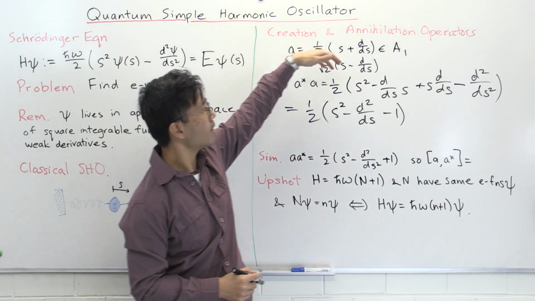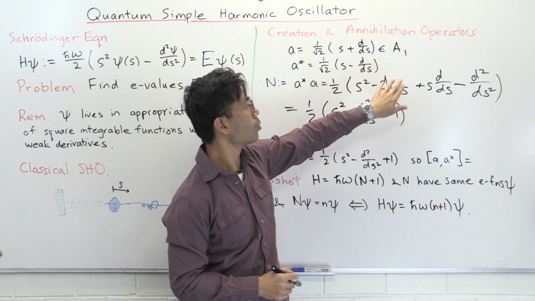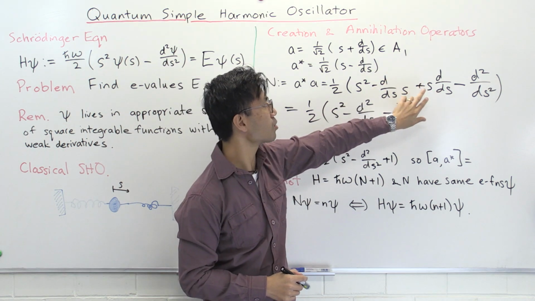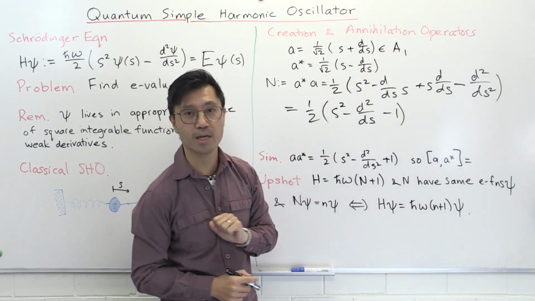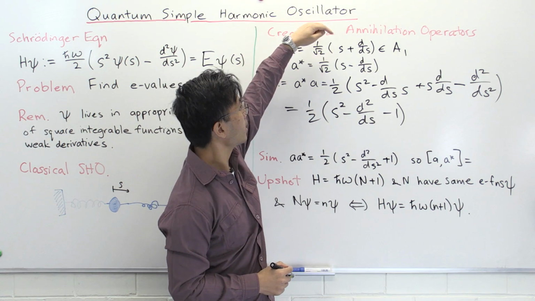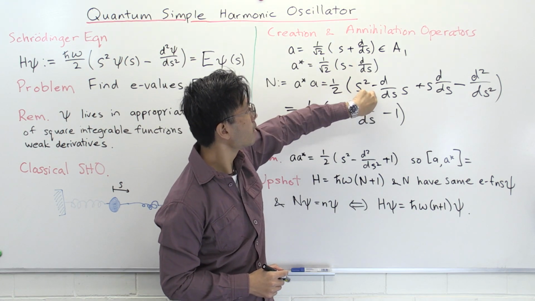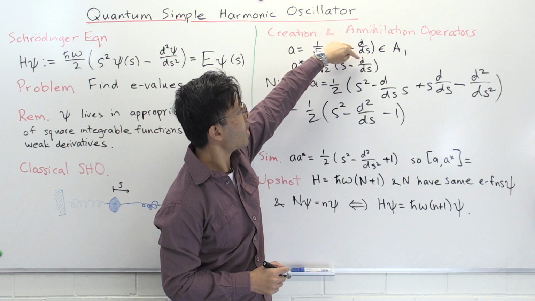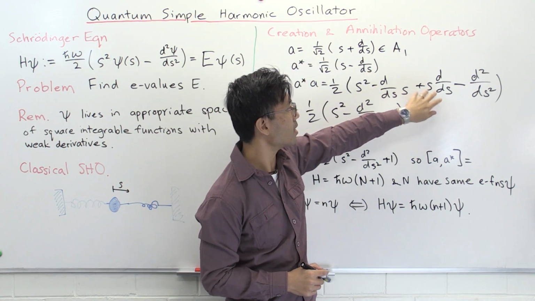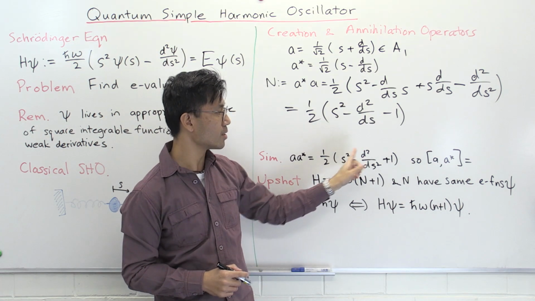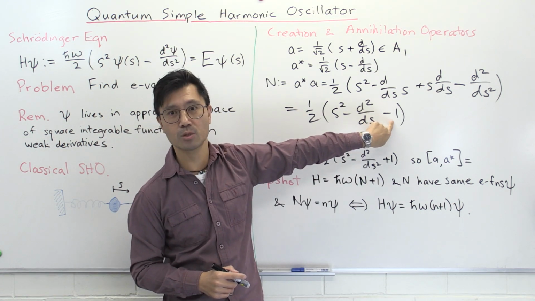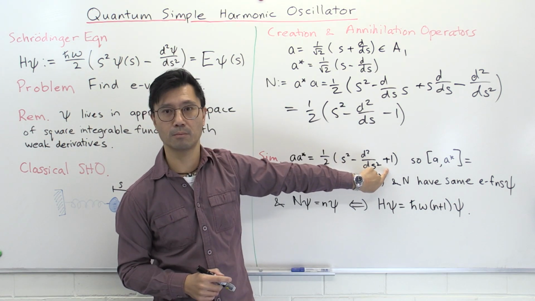But what happens now is that these two will swap signs, so the commutator will be in the other order. You'll get d/ds times s with a plus sign now, and s times minus d/ds, so this with a minus sign. So you get the negative of what's here. Instead of minus 1, you'll get a plus 1.